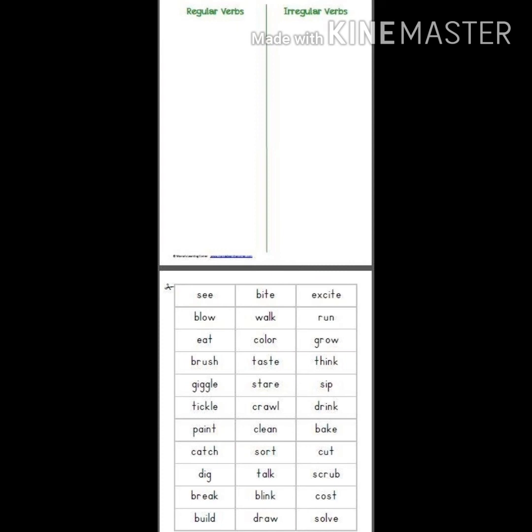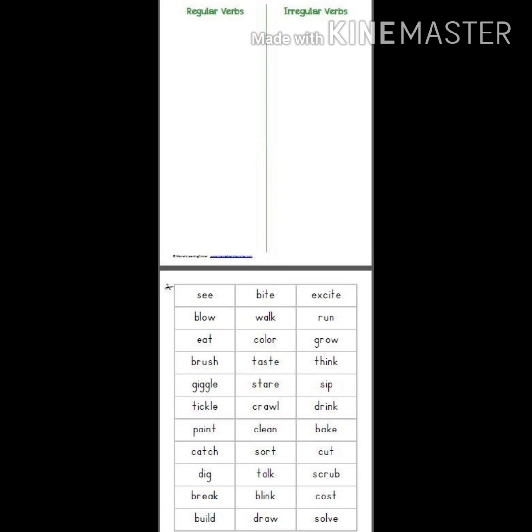Well, my dear students, here comes an activity for you. You are supposed to listen to all the instructions carefully, and after listening to all the instructions, you can pause the screen to read all the words that are given in the table. These can be said to be verbs. First of all, you have to read all the words given in the table. Then recall these words in your mind as regular or irregular verbs.